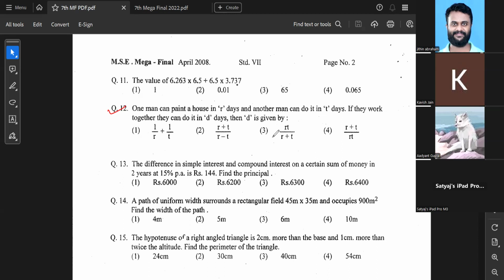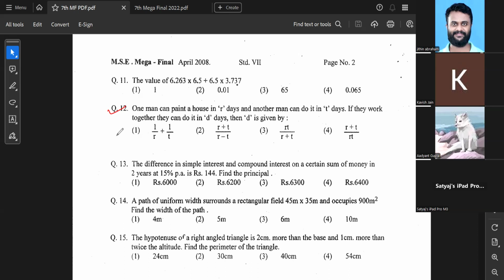For those who don't know how it is the third option, I'll just give you the solving. Once I give you the solving, you can directly use it as a formula. So how we get D is, first we see 1 on R plus 1 on T is 1 day's work together.